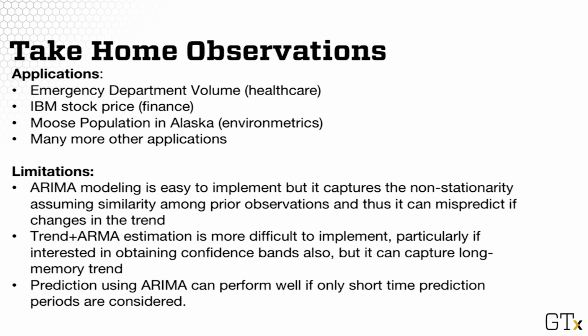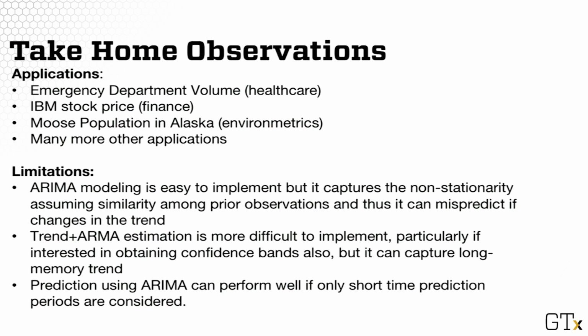A third example was in prediction of moose population, which can be used by environmental agencies to control the population of moose. Other applications from the fields of climatology, for example, forecasting temperature, from the field of economics, for example, projecting GDP, among many others, are subject of modeling and forecasting using ARIMA modeling, but also other time series models, as we'll learn in the next lectures.